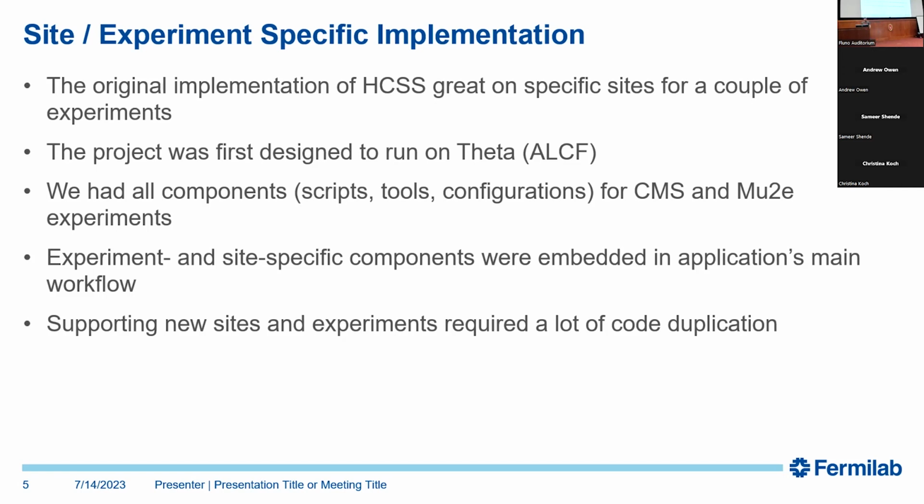So now, if we needed to support new sites or experiments, we would have to basically replicate a bunch of code that we already had for those two experiments. And the reason for that was when the Split Starter was first implemented, it used some templating system, which is actually a very good idea. I'm still using it. But the problem is that this template had a lot of code.